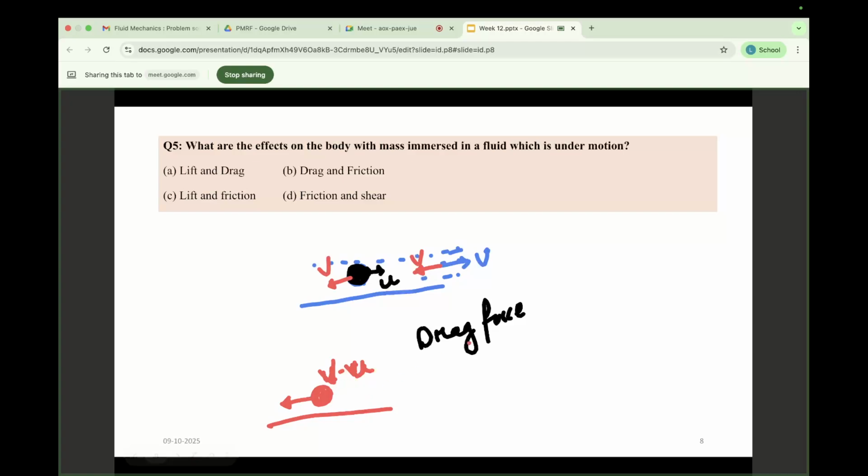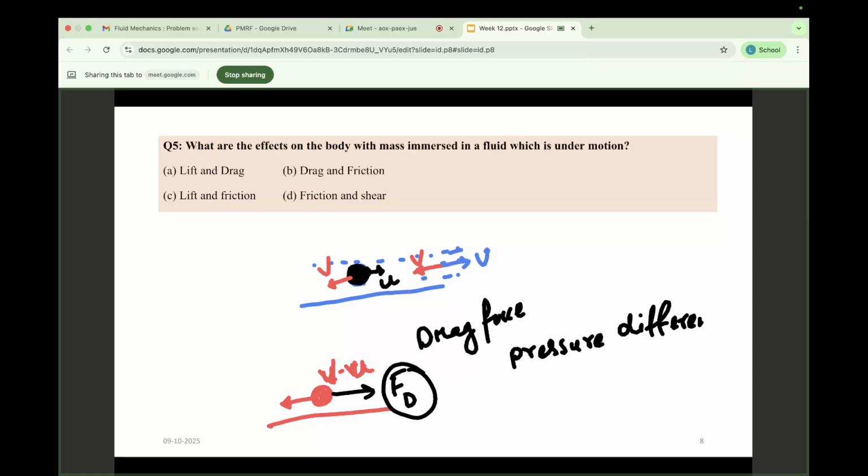Okay. So this drag force acts in the direction of the flow, and it always opposes the relative motion. As the relative motion is in the backward direction, this drag force Fd will act in the direction of the flow. This is drag force, okay. And why is it caused? It is mainly caused by the pressure difference and the viscous shear. Velocity difference you can also say, or the pressure difference, both things you can say.